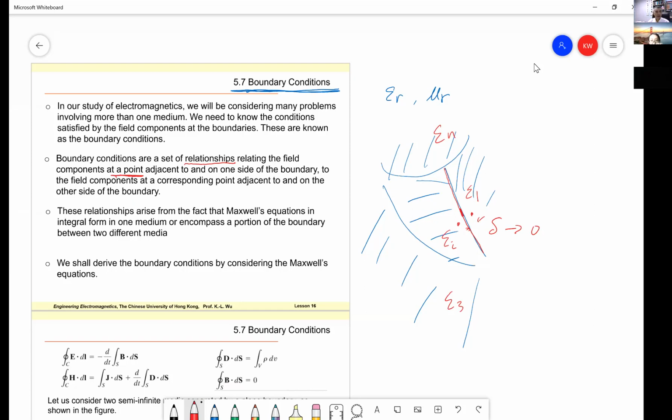Then we know no matter what, we have to choose from what? From Maxwell equations, because the Maxwell equations are a fact, okay? So we choose from fact.